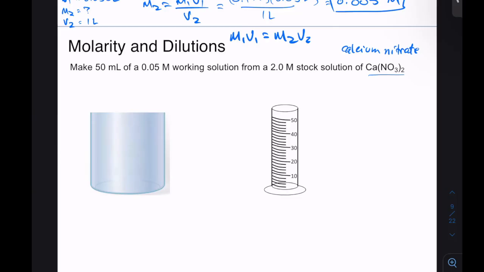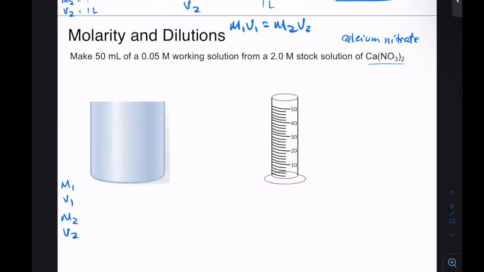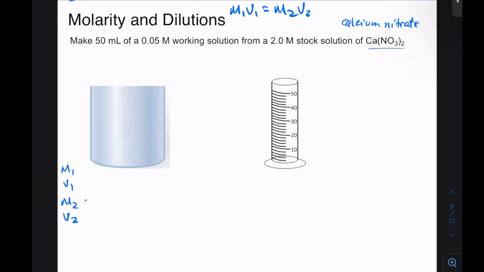All right, so let's take a look. We know we're looking for an M1 and a V1, our starting molarity and volume, and an M2 and a V2. We're tasked with making 50 milliliters of a 0.05 molar working solution. So the volume is going to be 50 milliliters, which I'll put in liters, and the working molarity is 0.05 molar.